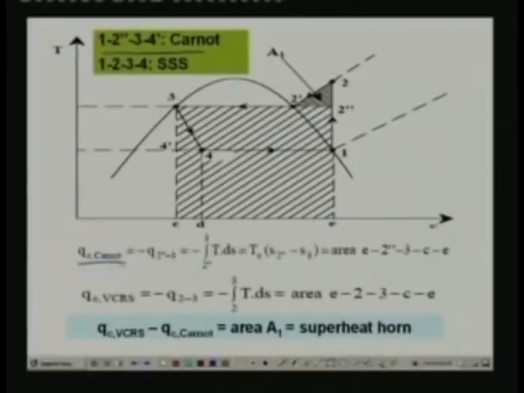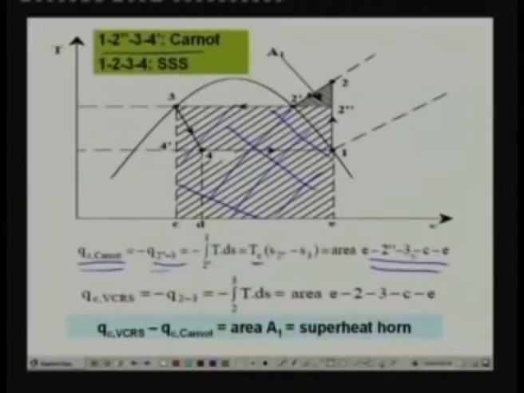And what is the heat rejection in the Carnot cycle? Heat rejection in the Carnot cycle is nothing but heat rejected during process 2' to 3, that is nothing but the area under 2' to 3, which is equal to Tc into (S2' minus S3), that means this entire area, that is area E2'3CE.